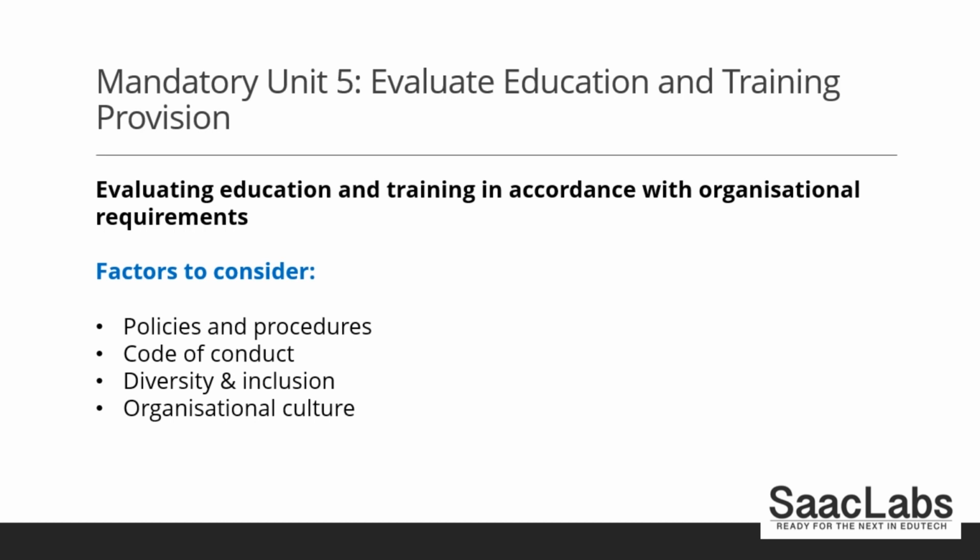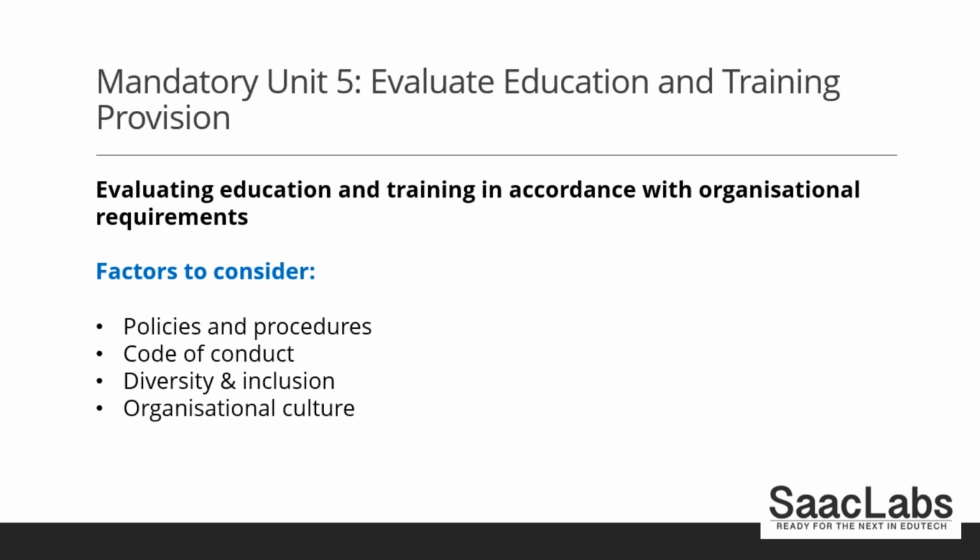So when it comes to evaluating education and training provision, once we have evaluated the effectiveness and the quality of what we have created, what we have delivered, we need to ensure that we're continuously improving.